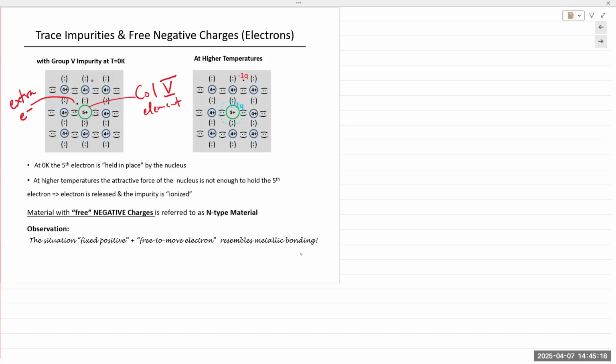So we had intrinsic semiconductor, and now we have extrinsic semiconductor. Okay. So extrinsic semiconductors are created due to the introduction of external impurities into our intrinsic material.